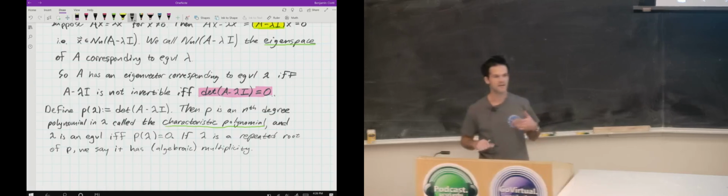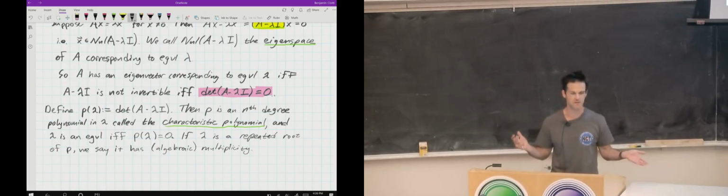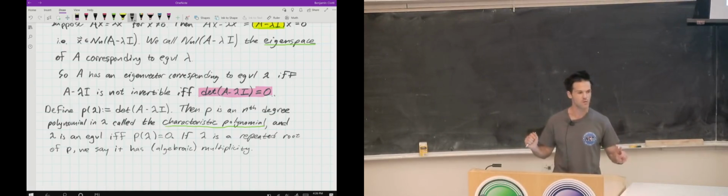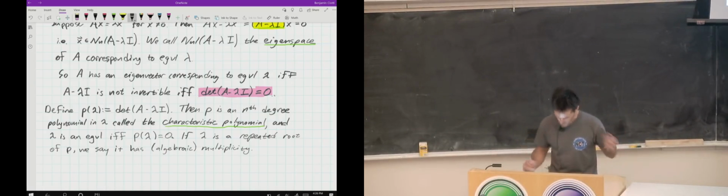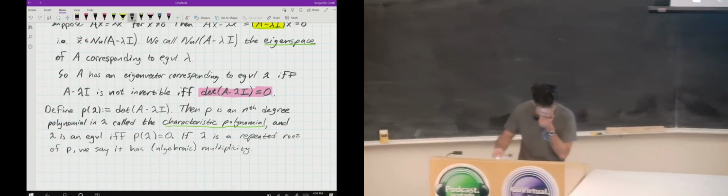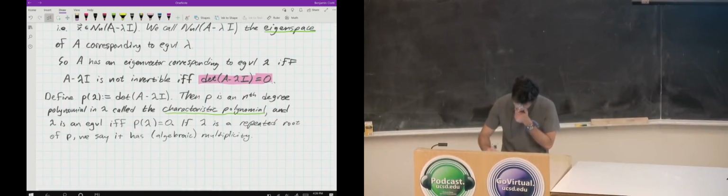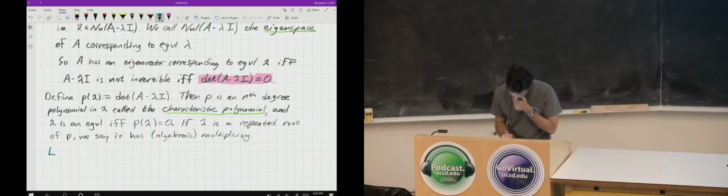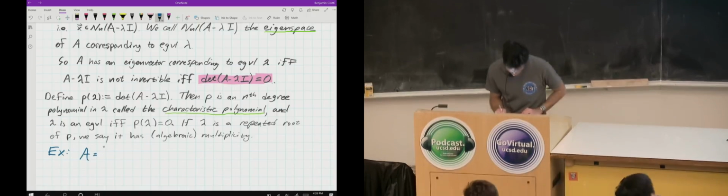Like if it's a twice repeated root, we say it has multiplicity 2. If it's a triple root, it has multiplicity 3, and so forth. So let's do an example. How about if A is 7, 2, negative 4, 1.